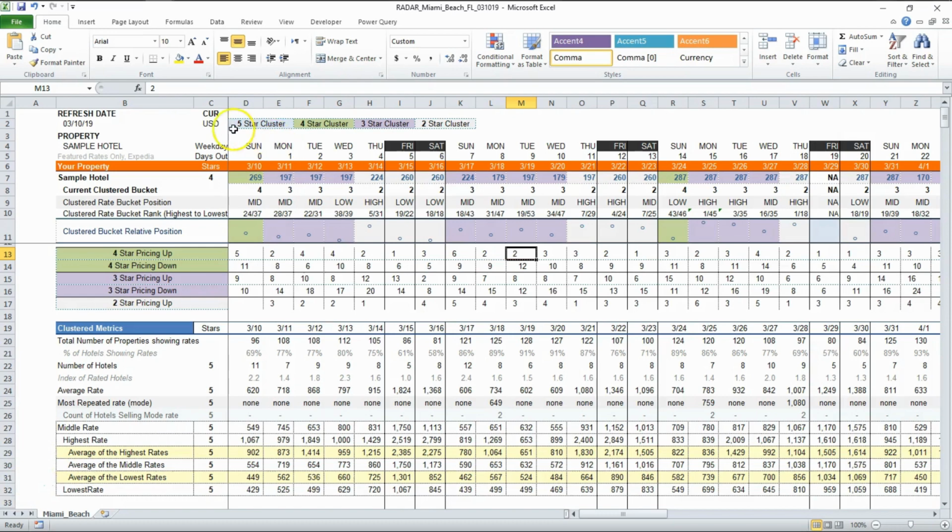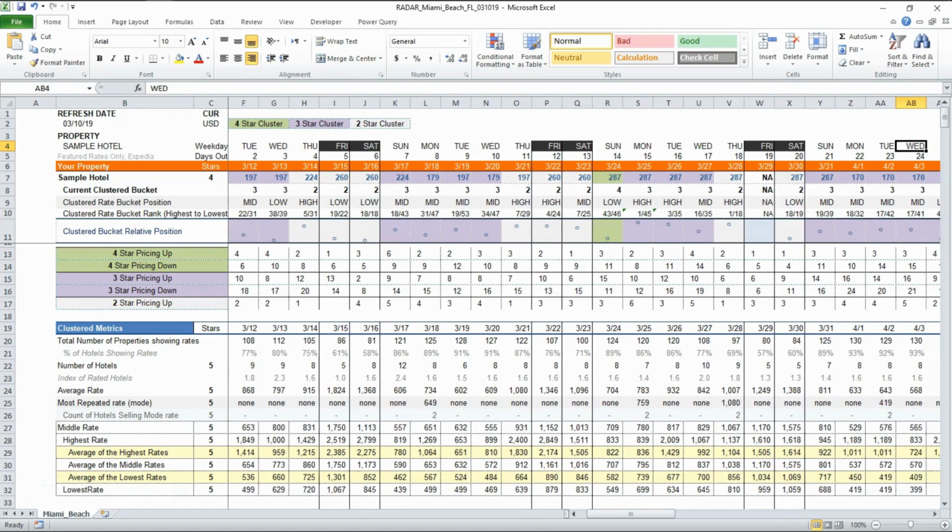Now, let's take a look at all the measures at the top of the radar report. The metrics at the very top are specific to your property. In this case, we are looking at real data for a hotel in this market, but we have hidden the name to protect its identity. The first row at the top shows the day of the week for that day, with Friday and Saturday highlighted.